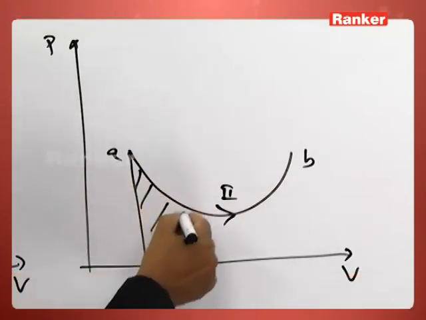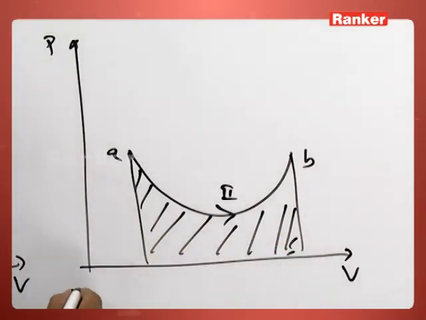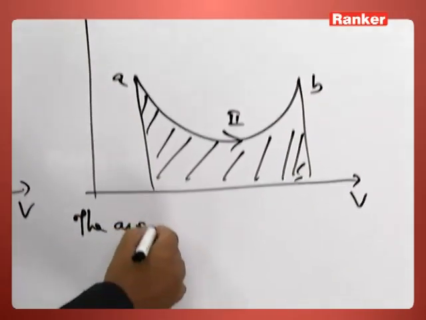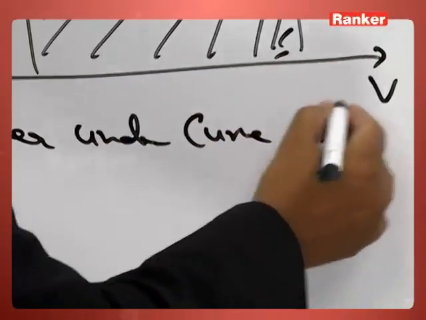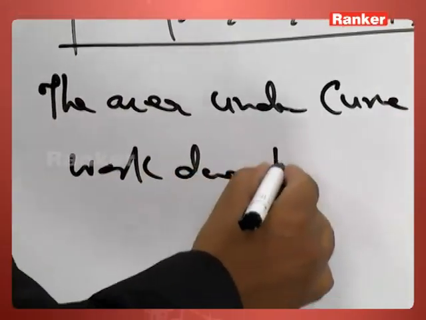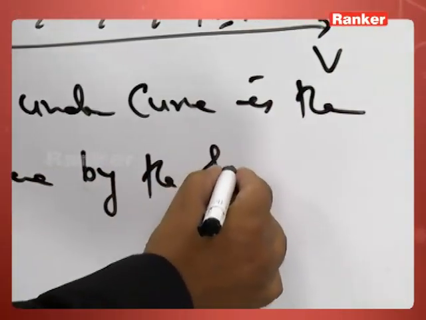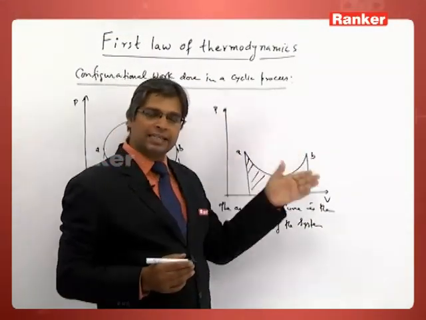My area under the curve is this, and the area under the curve is the work done by the system. You see, the volume expands while going from A to B.